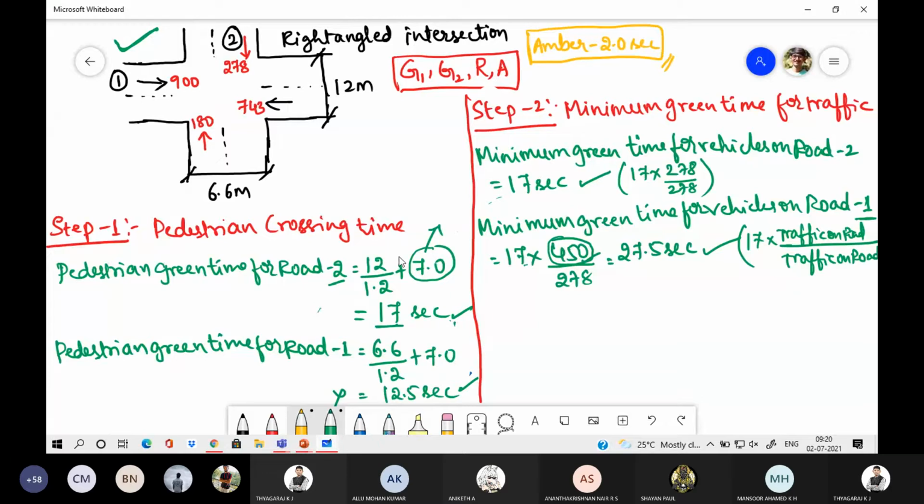Because we have taken 17 seconds as a reference, in the denominator we are going to consider the traffic of road 2. Is it clear? Understood this one? Why we have taken this 278 and 450? Is it clear? Yes, sir. Okay. Now step 3. We are going to revise the green time. So I'll erase the things.